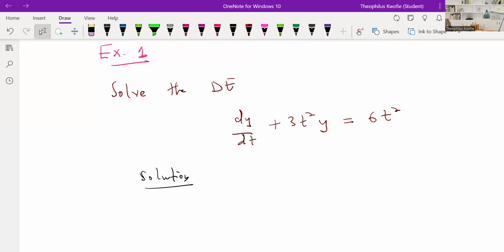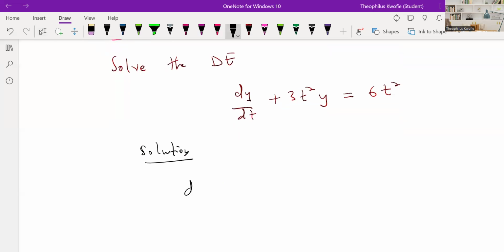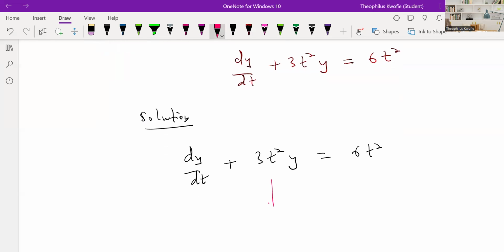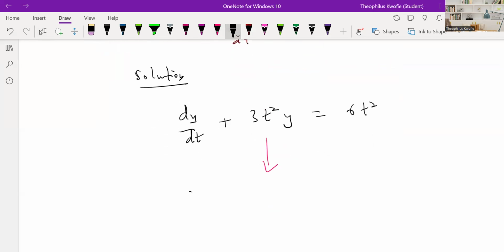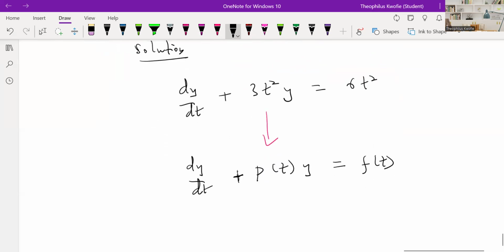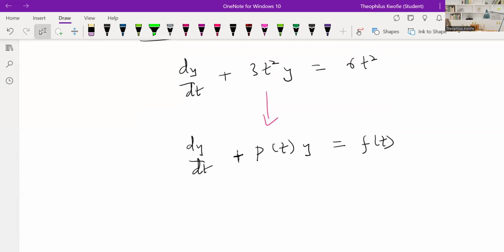Now, we said that for such a problem, when we relate it to the standard form, by deploying the integrating factor, the integrating factor is going to be e to the power the integral of p of t dt.